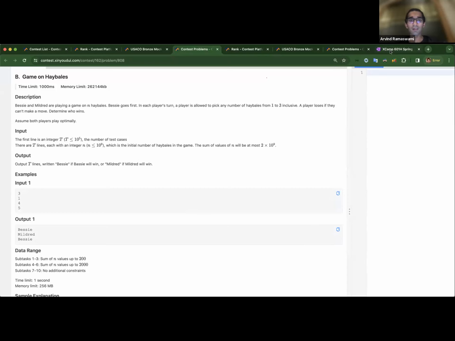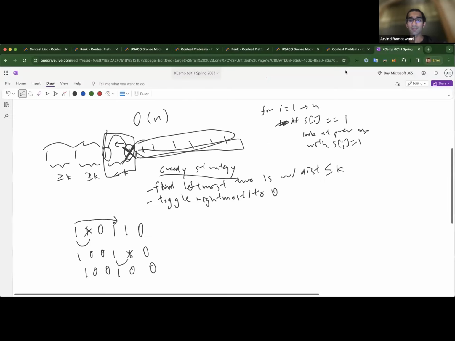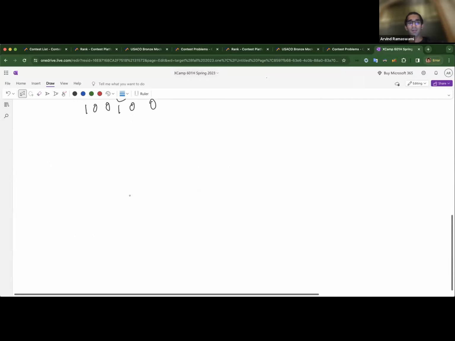William has the correct idea. Some of you might have heard of a game called Nim. This is kind of similar to that. The key idea is that player 2 can control the number of hay bales mod 4.